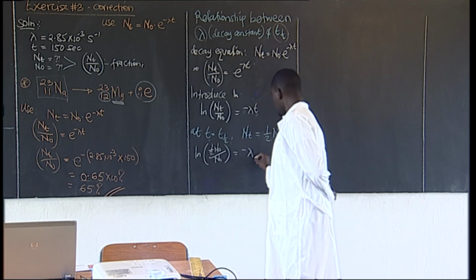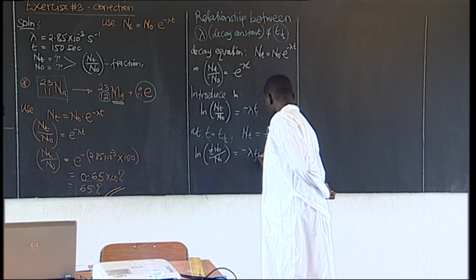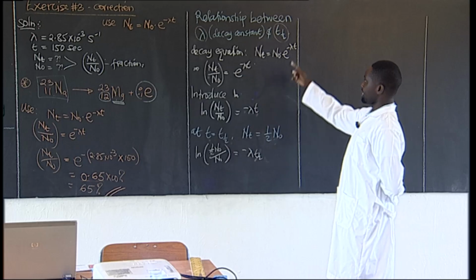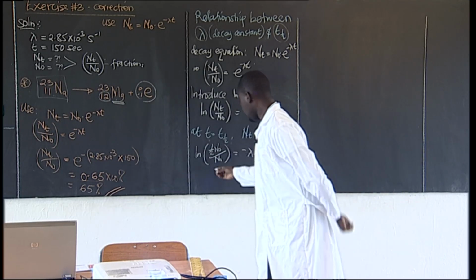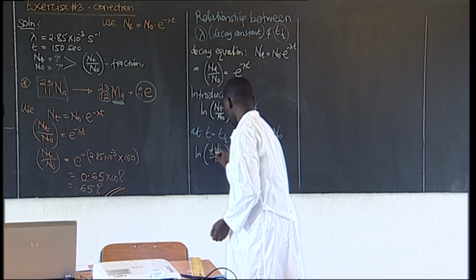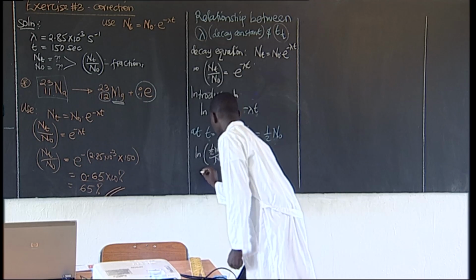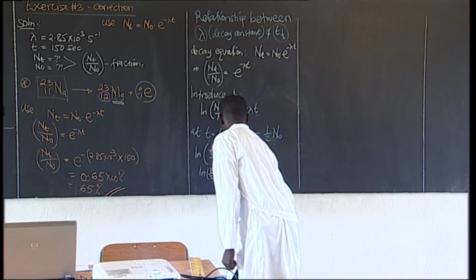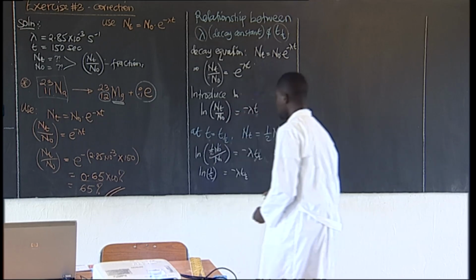Where we have t, we substitute it with t1/2, implying the half-life. So by your math, these two will go. What do we finally have? Ln 1/2 is equal to negative lambda t1/2.